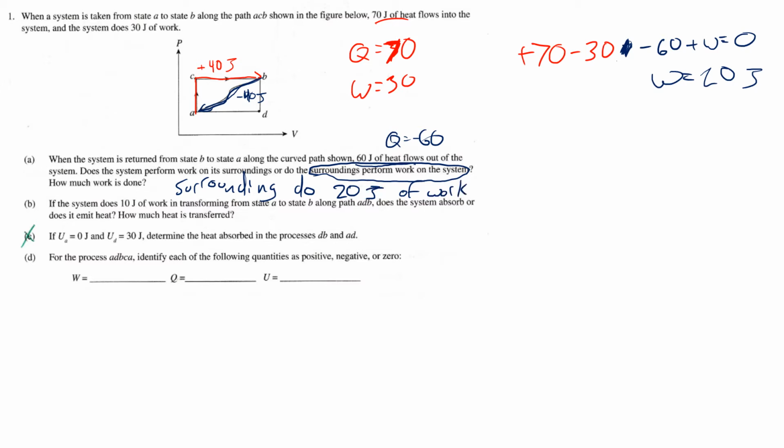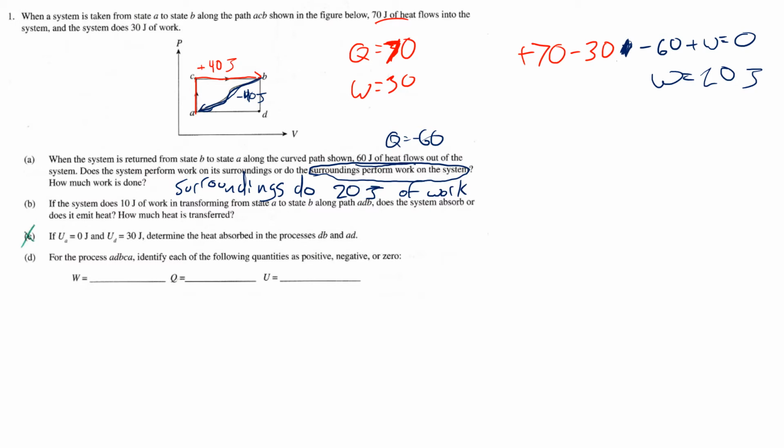That means the system gains 20 joules, or does negative 20 joules. It just depends on if positive, negative means in or out. But the surroundings do 20 joules of work. It's the end of the day thing.